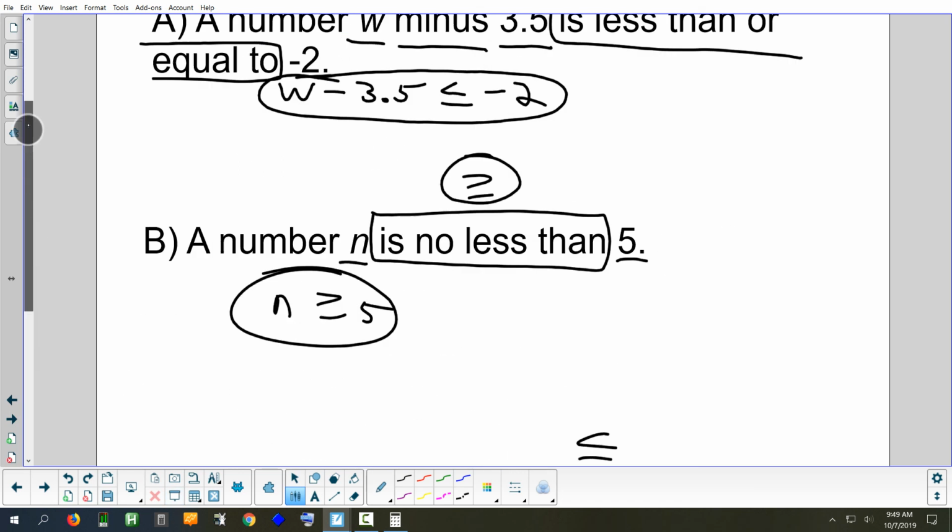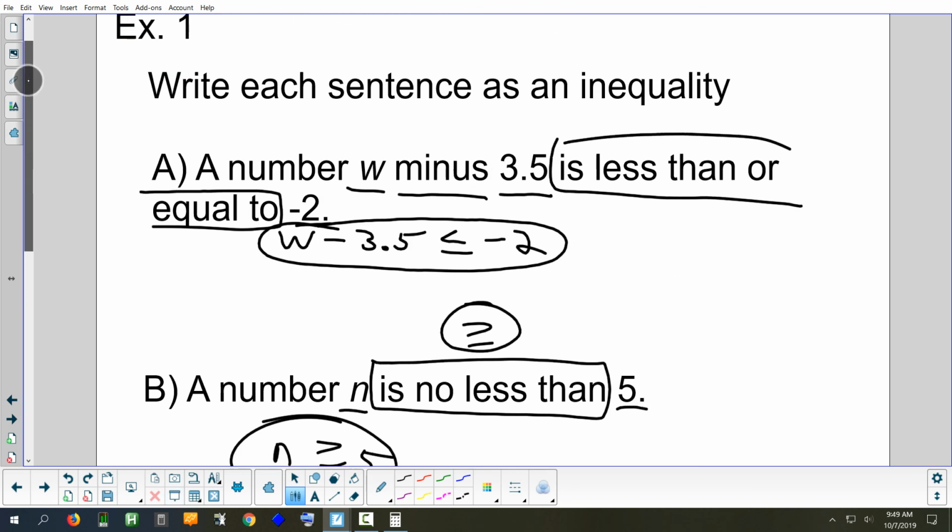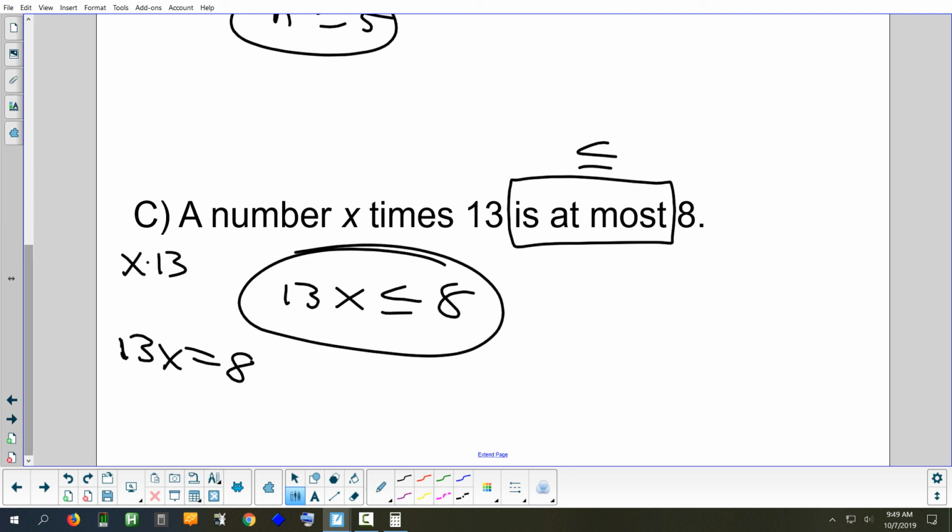But for now, all they said was write each sentence as an inequality. So you do not have to solve that. I don't think most of the ones we do today we're going to be solving. We're going to practice graphing today, and then tomorrow we'll do some solving and graphing.